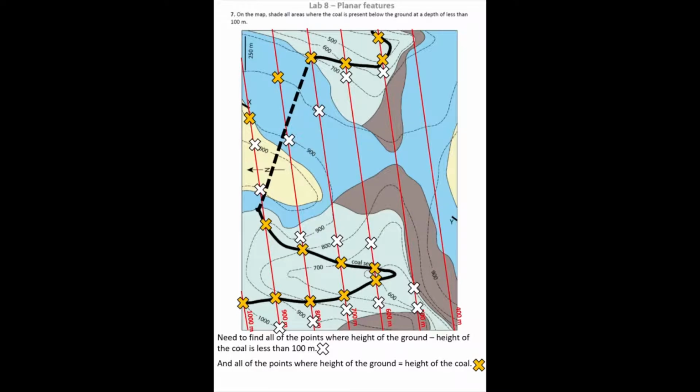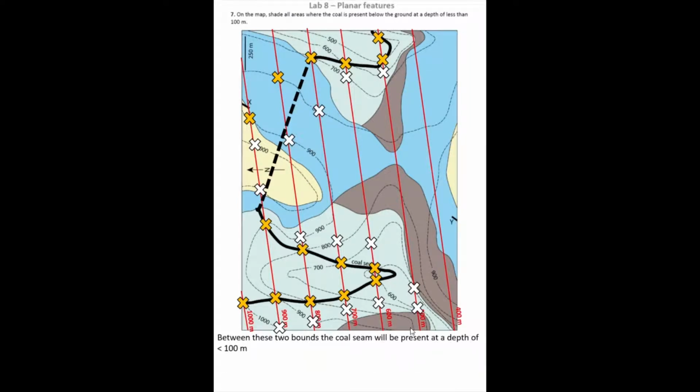Okay, the other set of points are where the height of the ground equals the height of the coal. And so in between those points, that condition is satisfied.